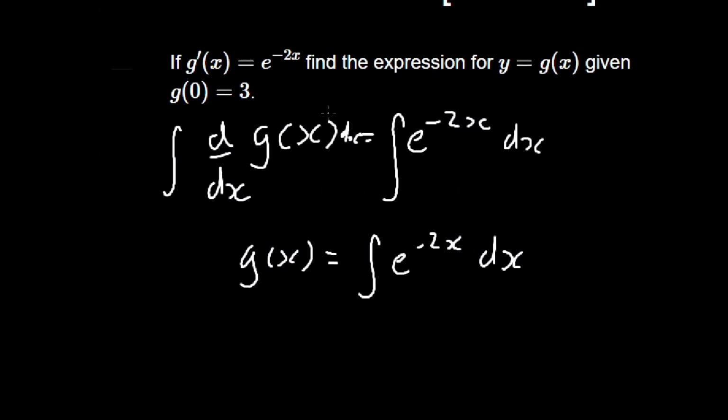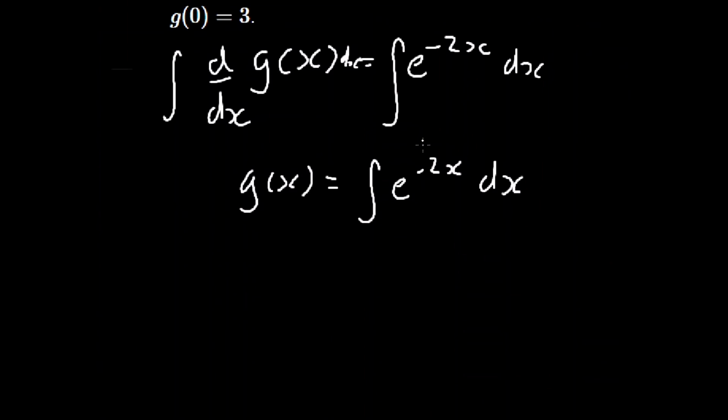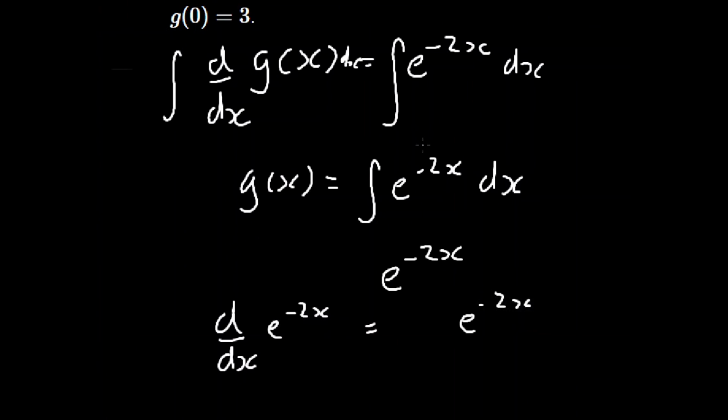Okay, so let's find the integral of this. The whole shtick about e to the power of something is that it stays the same. So that's going to stay the same. When you differentiate e to the minus 2x, it stays the same, but I grab that value 2 and multiply it down the bottom.